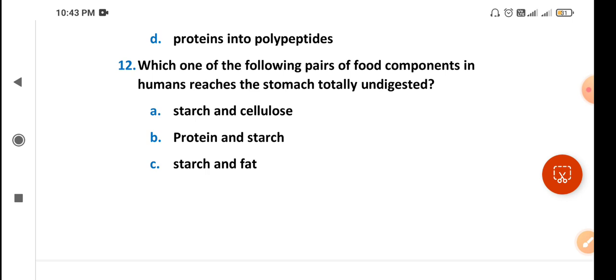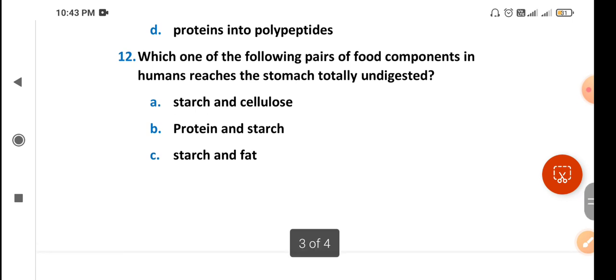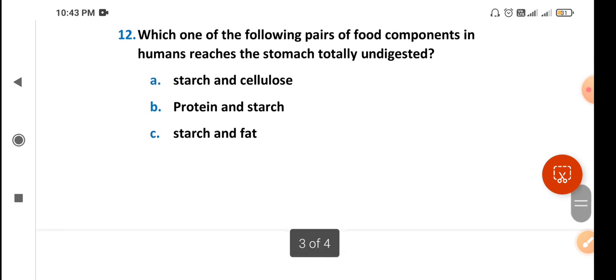No. Digestion of starch starts from the buccal cavity itself, with the help of the enzyme called ptyalin or salivary amylase, and we can't digest cellulose. Second option is protein and starch. Again starch is part of the B option, so it is also not the correct answer.